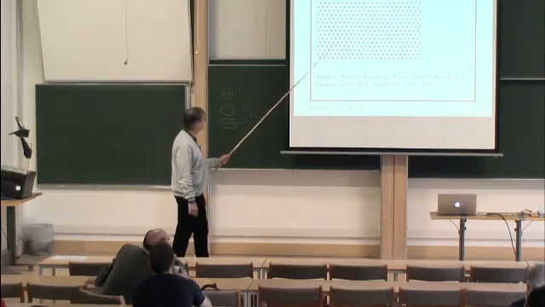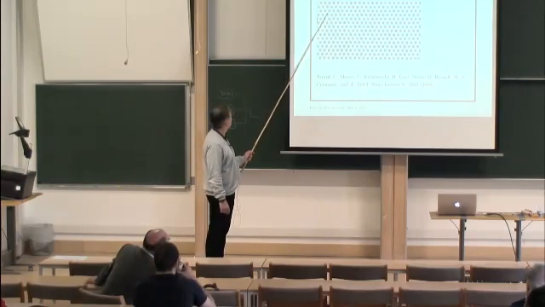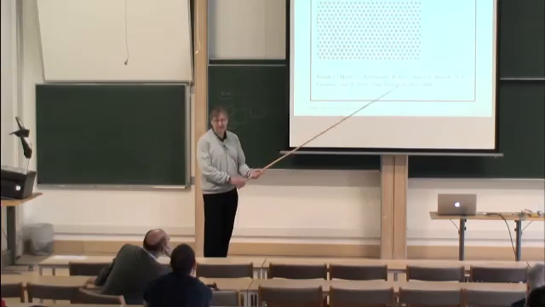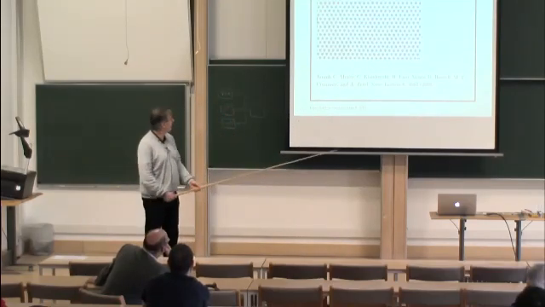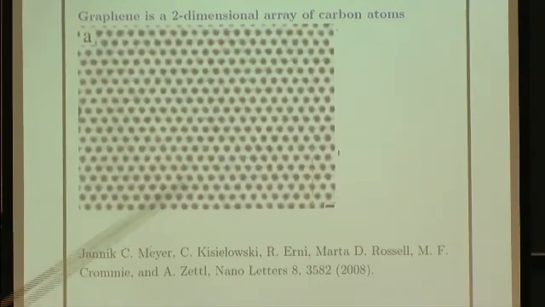So it comes out rather nicely. And the one thing about it is that it's never really flat. It's always a little bit corrugated. And you can actually see that in this picture by the slight variation in the intensity. That simply comes from the fact that parts of it are a little farther away and parts of it are closer to the electron microscope.